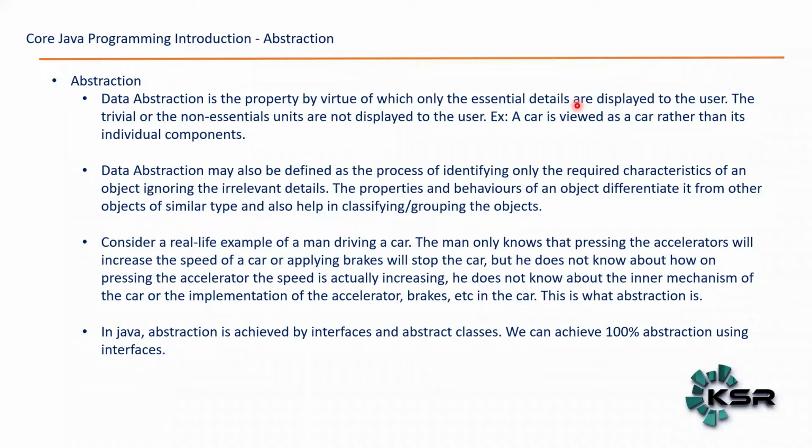So data abstraction may also be defined as the process of identifying only the required characteristics of an object, ignoring the irrelevant details. I could share my details with multiple friends, so it depends on the people. Maybe 10 people are coming to visit me.